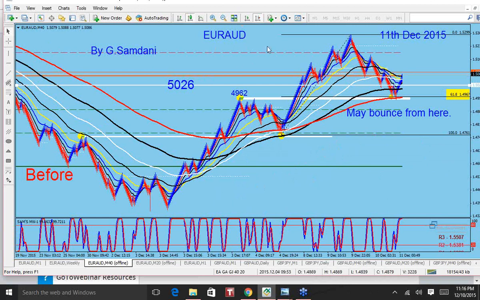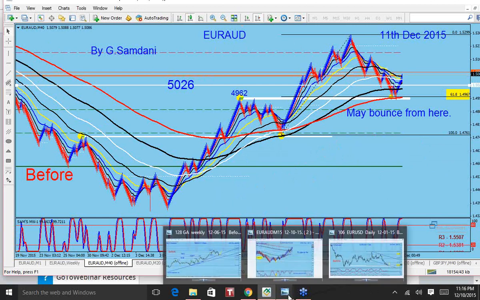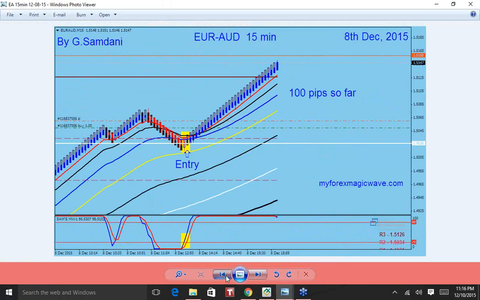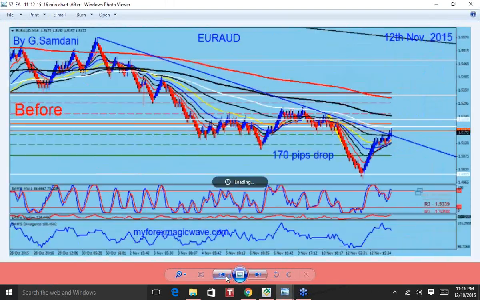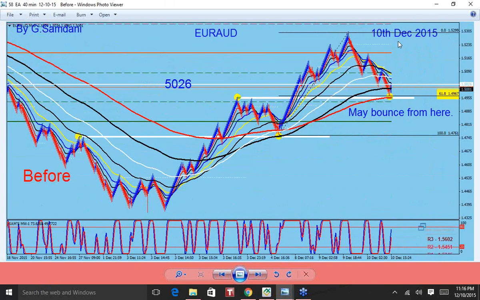This is a higher time frame chart that I'm showing you. This is Euro Aussie. Earlier I made this chart and sent it out to my subscribers. That's what I do.